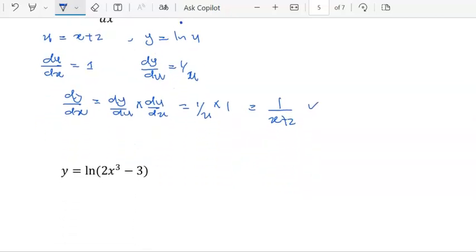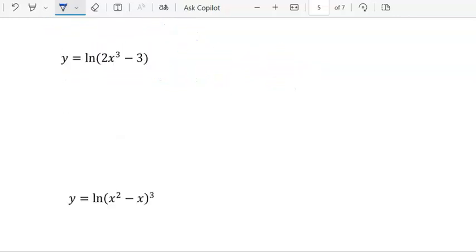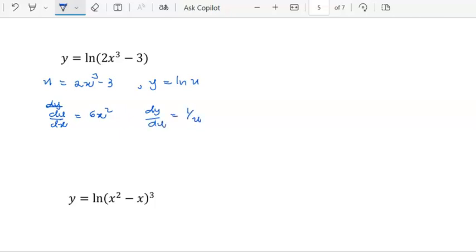Let us look at another example here. You use the same pattern. So you say that our u is equal to 2x cubed minus 3. It means that our y is the natural log of u. And then we have our du dx as equal to 6x squared, and then our dy du as equal to 1 over u, because the derivative of natural log of u is 1 over u.